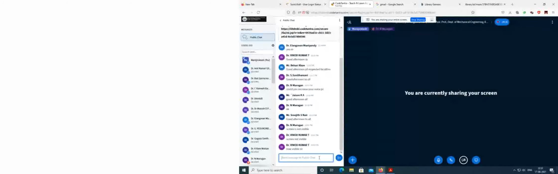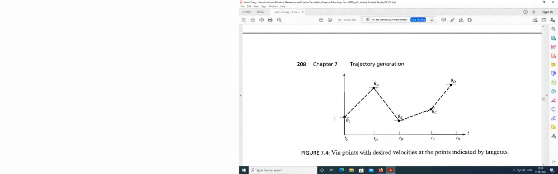Okay, thank you. So in total we require 16 coefficients. Now how are we going to construct those cubic polynomials?